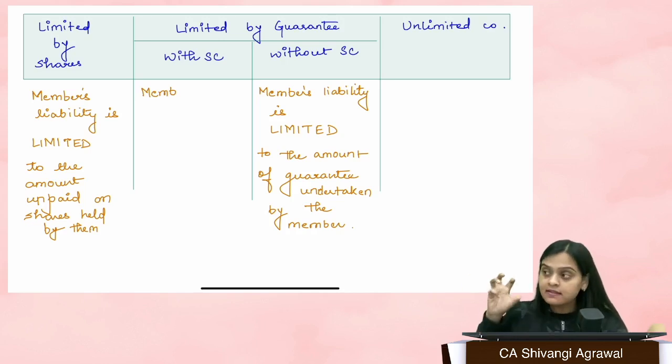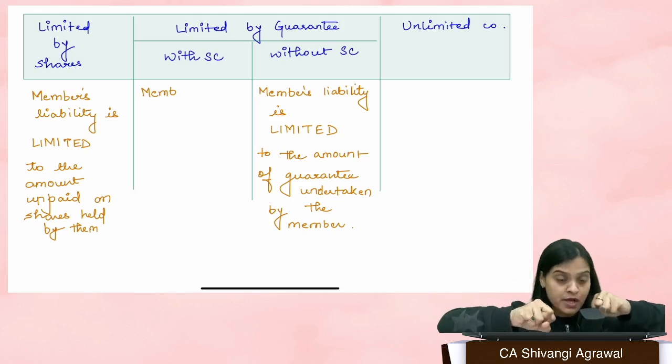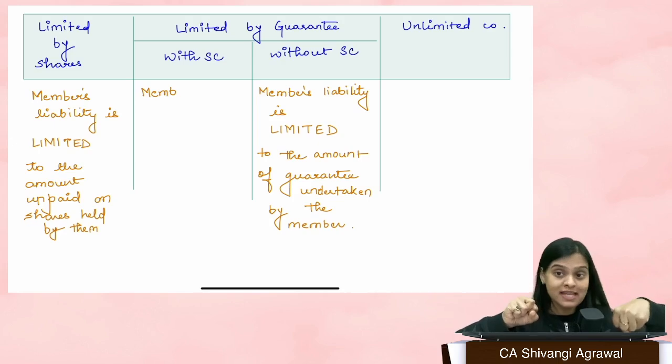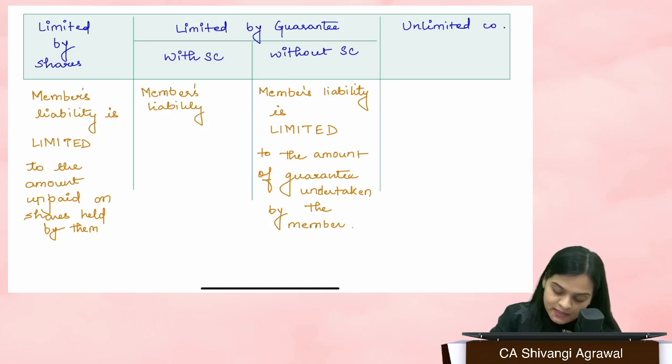Now, let's say there is guarantee also and there is share capital also. That means I'm holding some shares also and I have undertaken guarantee also. So guarantee amount plus the amount unpaid on shares held by me, that will be my total liability, right? So again, the member's liability is limited.